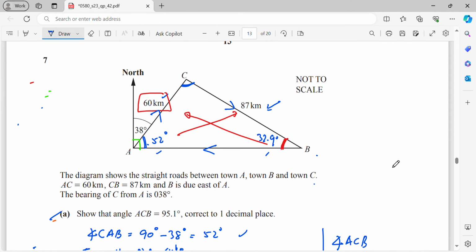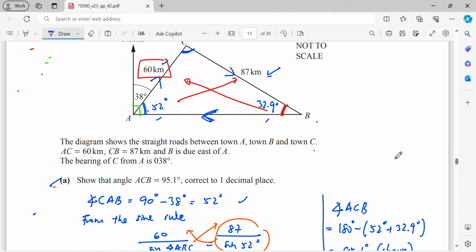Alright, so now we need to find out the distance. That means now I need to find out what is my AB, because you are given two distances, AC and CB, but the AB is not known. So the AB can be found using the sine rule, because we already found all the angles, right?